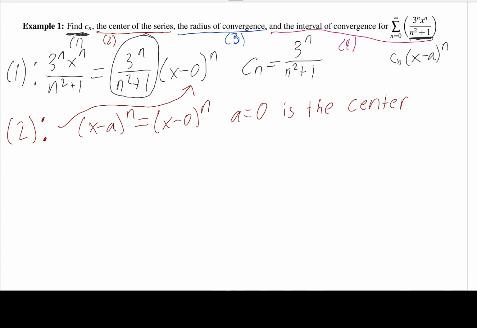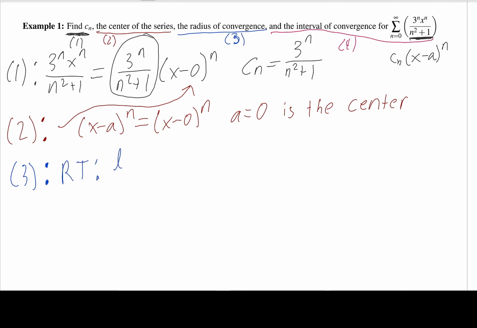So, in the past, if I had something like the series given, and generally in the past, instead of x to the n, we would be given some value for x. So something like 5 to the n or something like that. Well, in the past, when we were doing these types of things, whenever we had constants to the n, we were always using the ratio test. So let's try to apply that here.